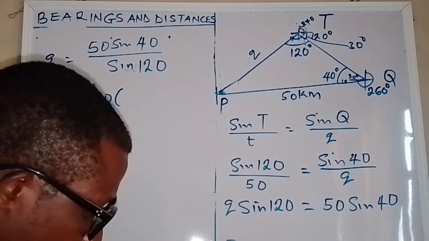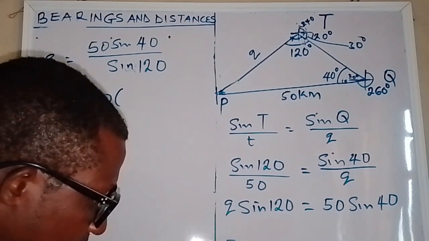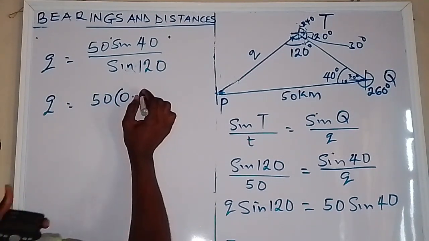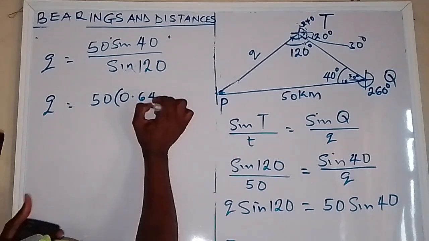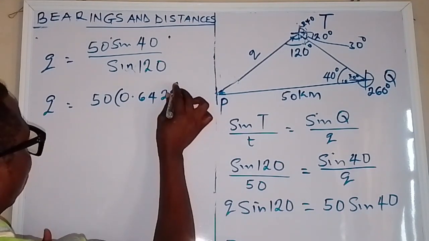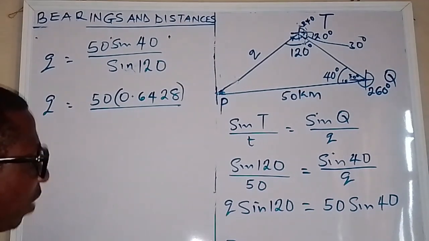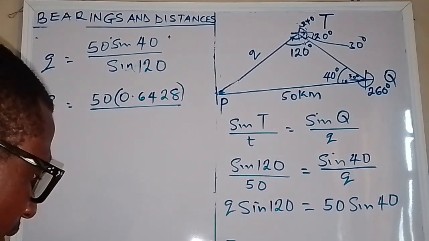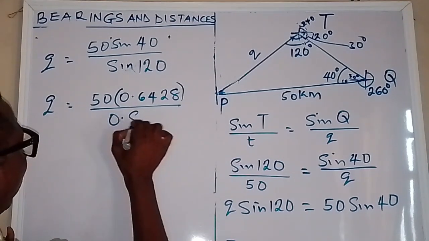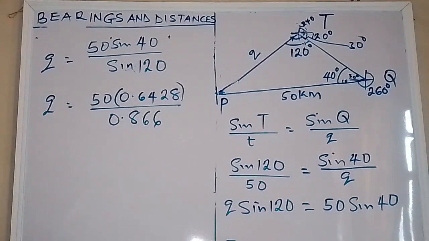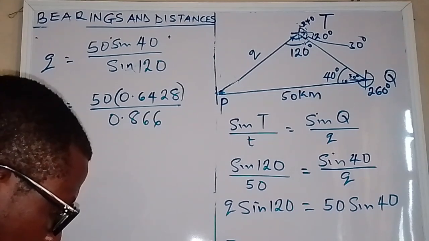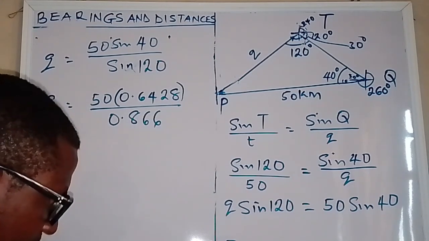Sine 40 gives you 0.6428, everything over sine 120. Sine 120 should give you 0.866, right?